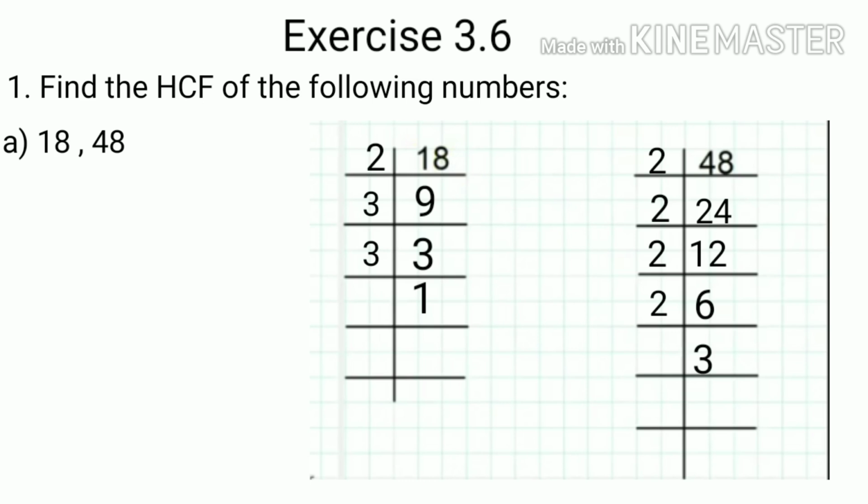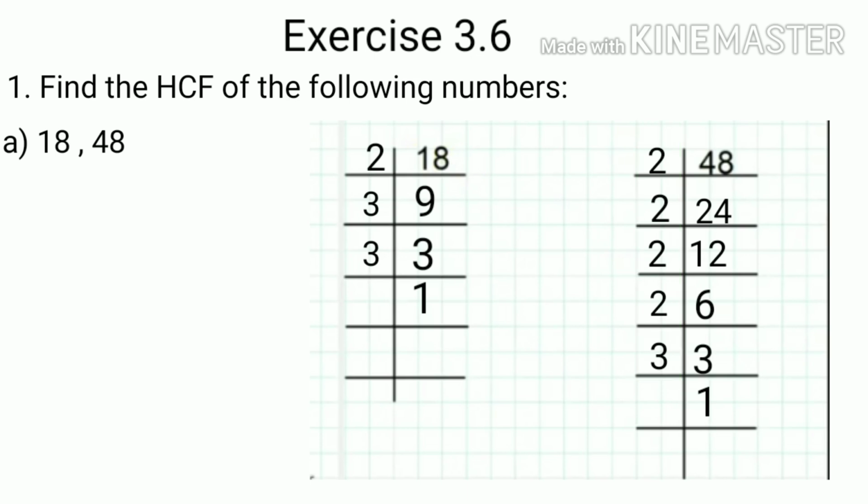Now since 3 itself is a prime number, it is divisible by 3 only. So when we divide 3 by 3, we get 1 as the quotient. So now the prime factorization of 48 is done. And the prime factors of 48 are 2, 2, 2, 2, and 3.